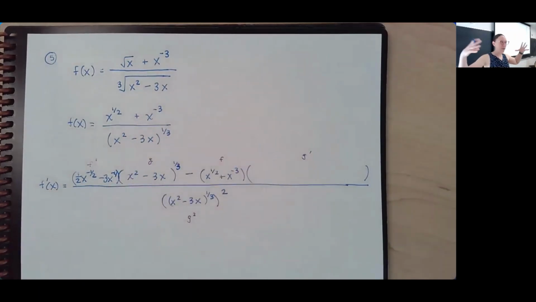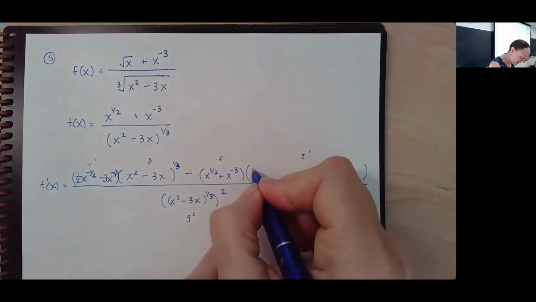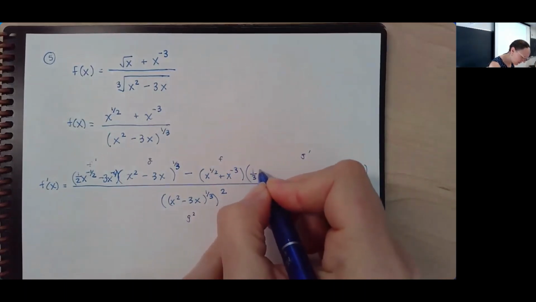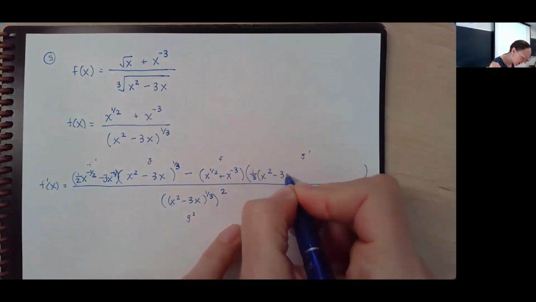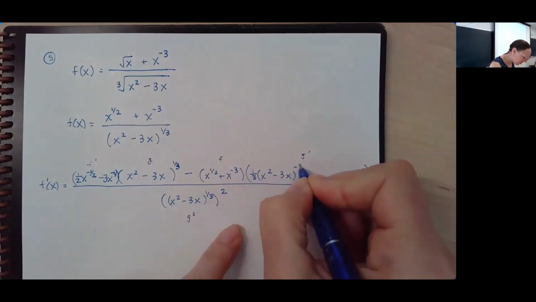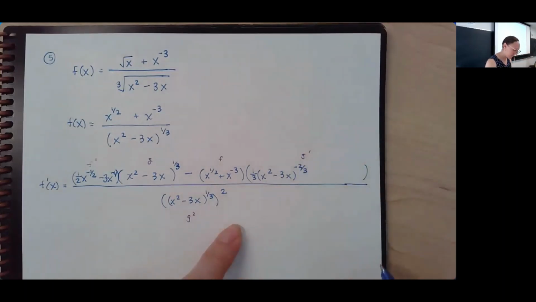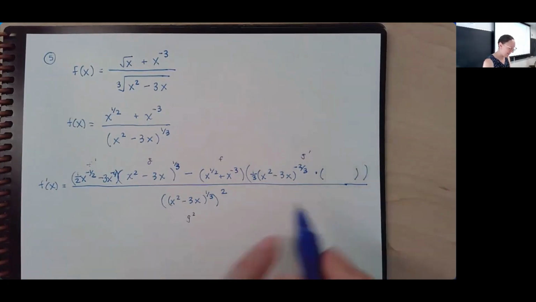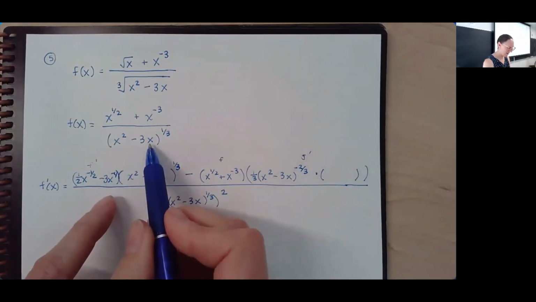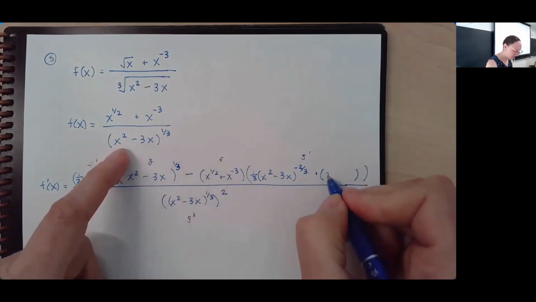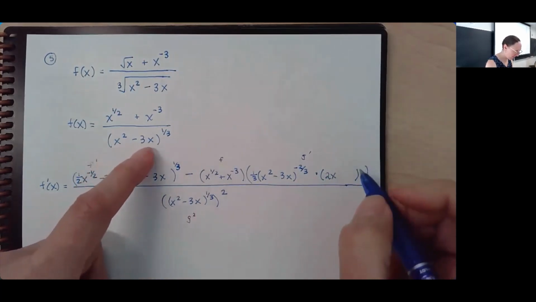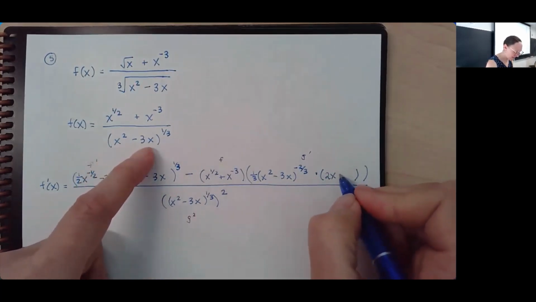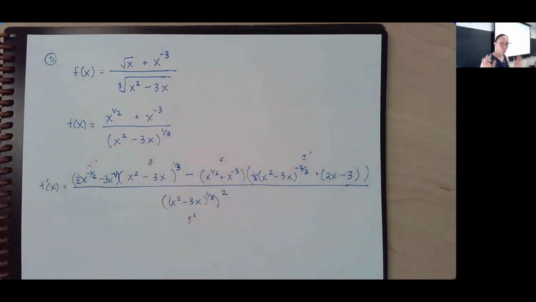So my outside function is that I've got stuff to the 1/3 power, leaving me with 1/3 times stuff to the -2/3, times the chain rule part says I've got to multiply by the derivative of what's on the inside. Derivative of x squared is going to be 2x. Derivative of -3x is -3. Walk away. Do not try to simplify this.